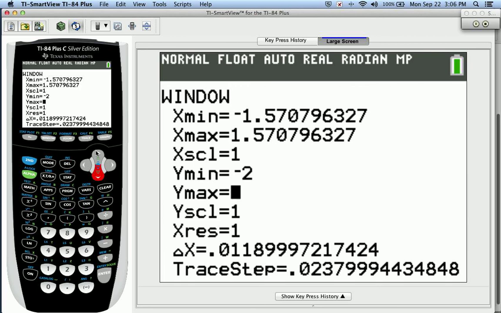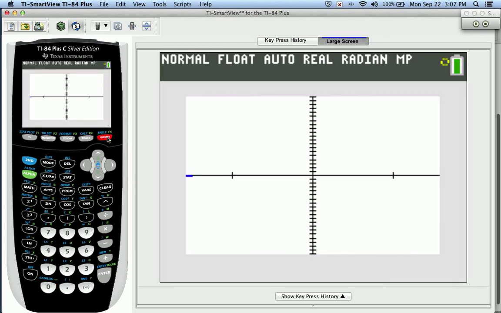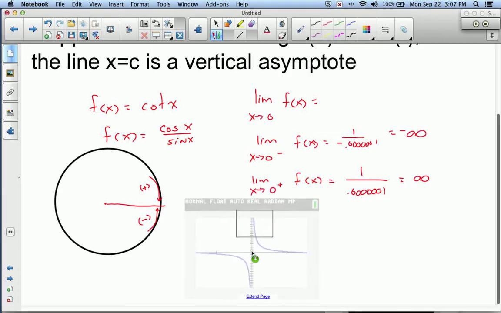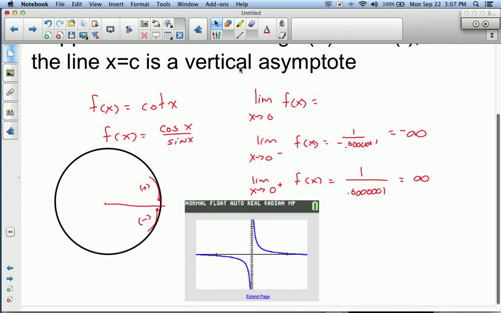If I do negative 20 to 20 and graph it, we can see that guy heading towards the infinities even better now. So there's our visual to go with it. As I approach 0 from the right, I'm heading towards infinity. As I approach 0 from the left, I'm heading towards negative infinity.